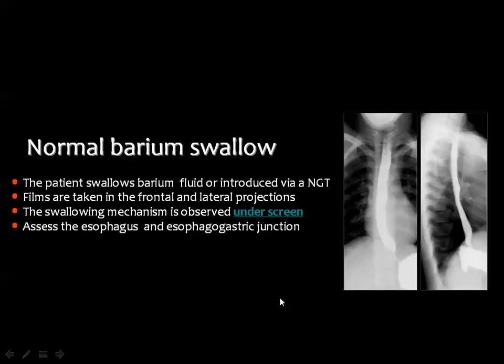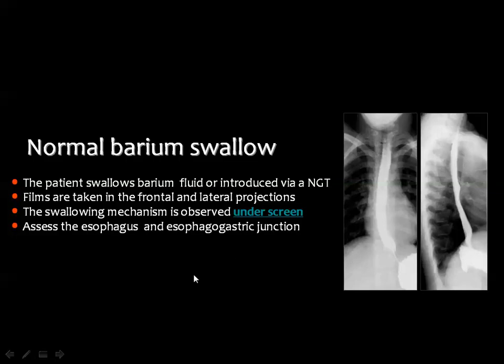Then we start the evaluation of the esophagus. The examination of the esophagus by barium is known as barium swallow. We may introduce barium through a nasogastric tube, placed in the proximal part of the esophagus, then we inject barium.